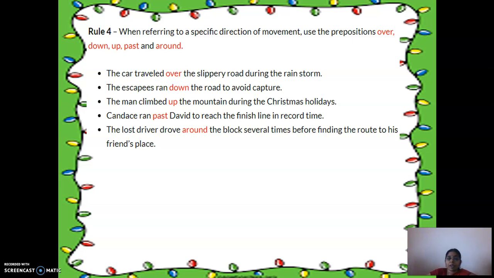The escapees ran down the road to avoid capture. The man climbed up the mountain during the Christmas holidays. Candace ran past David to reach the finish line in record time. The lost driver drove around the block several times before finding the route to his friend's place. So, children, now rule number 4 for direction of movement is also over.